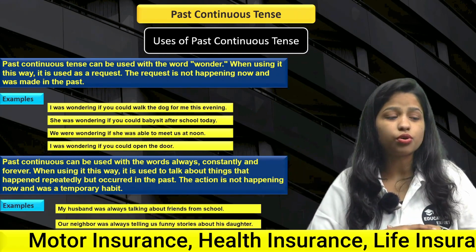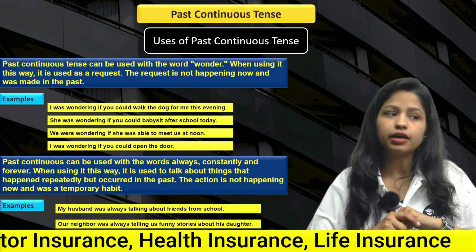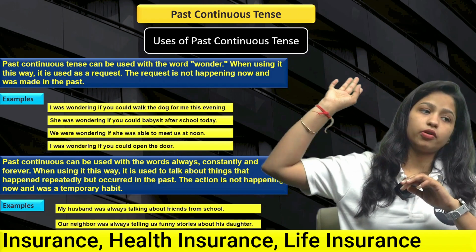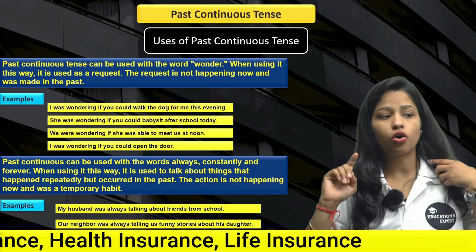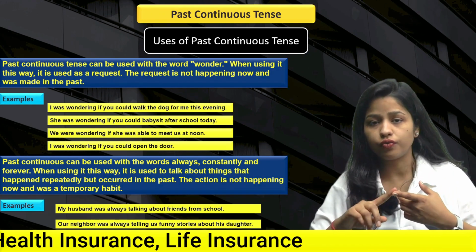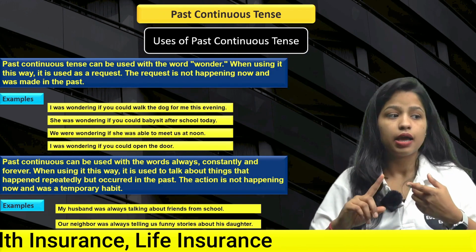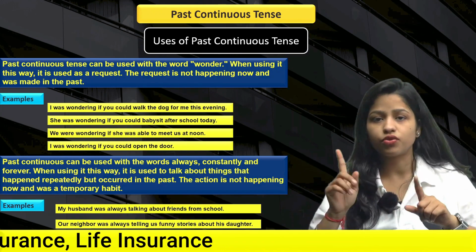My husband was always talking about friends from school, right? Always talking about friends means we're talking only about the past. And we have also used always over here. So when you're using always, you have to use past continuous. My husband was always talking about friends from school.